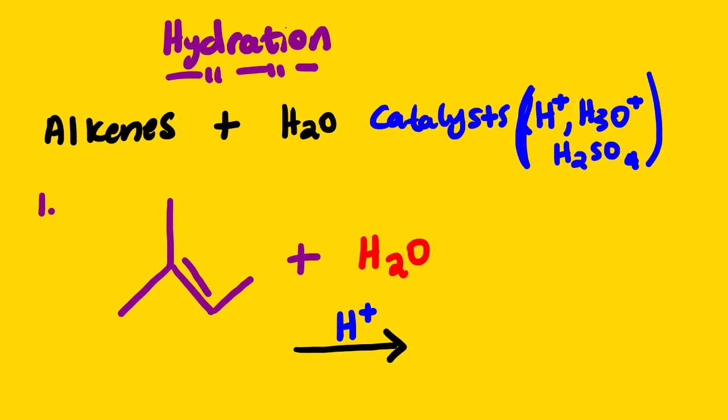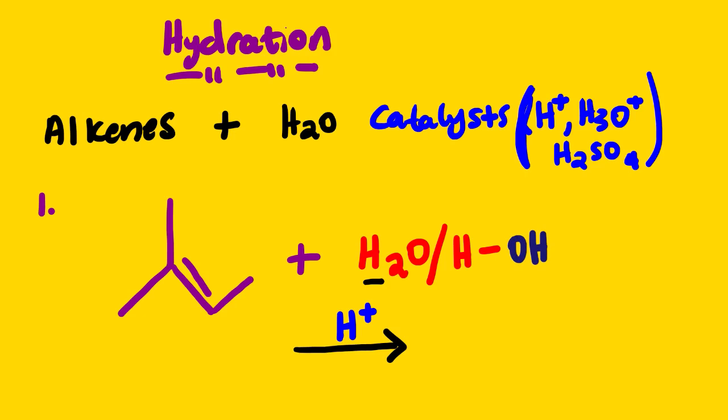The procedure follows that we add a hydrogen atom and a hydroxide group across the double bond. So we have to express this in a way that we have hydrogen and OH. Remember, it's H2O. So you can see that we have hydrogen and OH group.